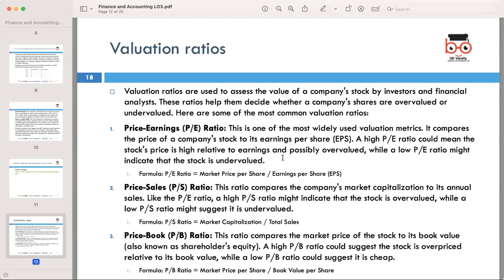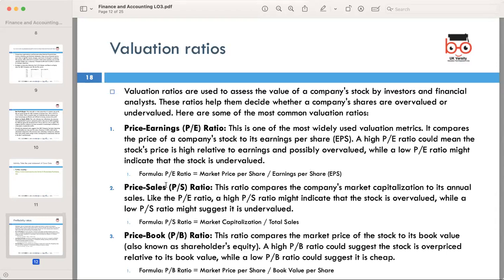On the other hand, a lower price earnings ratio might indicate that the stock is undervalued. The formula for calculating the price earnings ratio is market price per share divided by earnings per share.